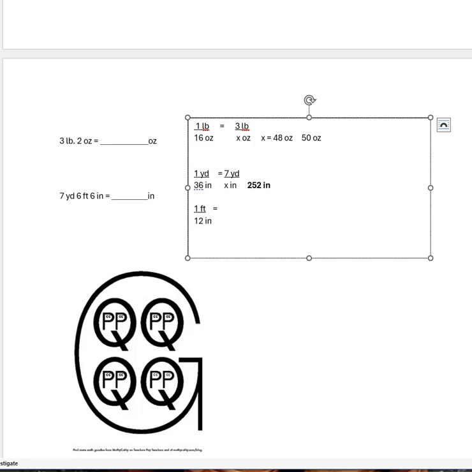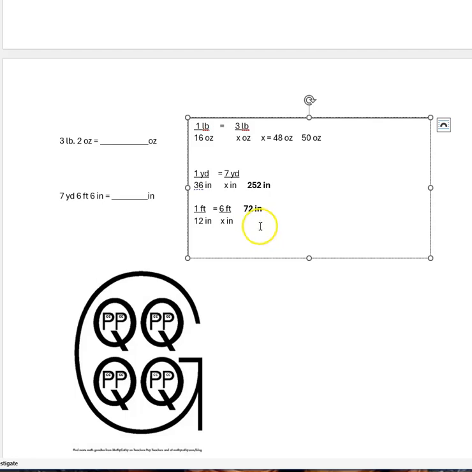So I'm going to say 6 feet, underline, equals how many inches? Now, again, I'm looking at that a little bit and going, hey, that's just 1 times 6. So I'm going to do 12 times 6, and I get 72 inches.